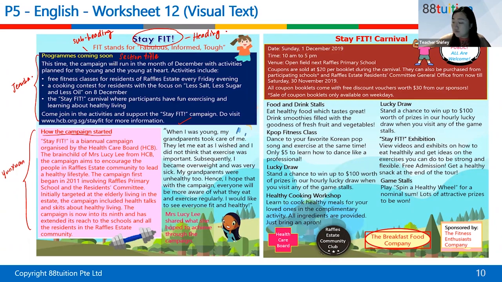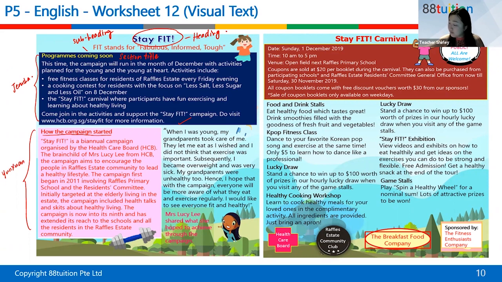The brainchild of Mrs. Lucy Lee from HCB, the campaign aims to encourage the people in Raffles Estate community to lead a healthier lifestyle. The campaign first began in 2001, involving Raffles Primary School and the residents' committee, initially targeted at the elderly living in the estate. The campaign included health talks and skits about healthy living.